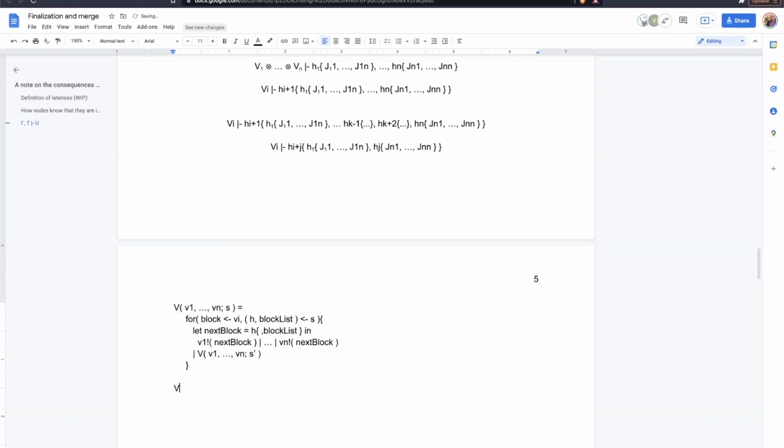I can now say V1, VN, S is of a particular type, say T. And this will now describe constraints on the actions here, right? So for example, we could constrain the kinds of blocks that it can see before it proceeds to the next level, right?